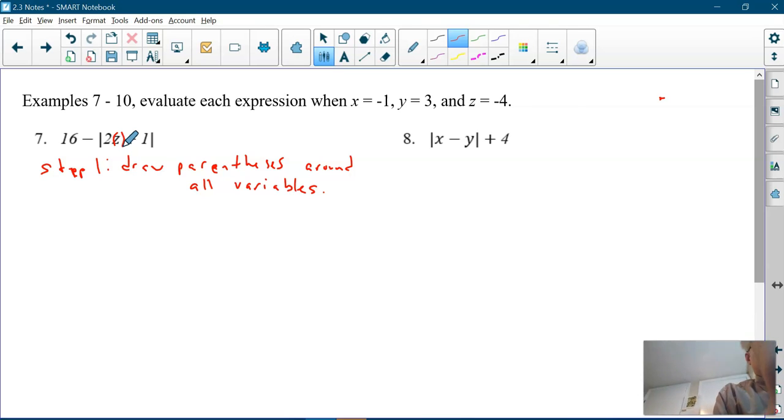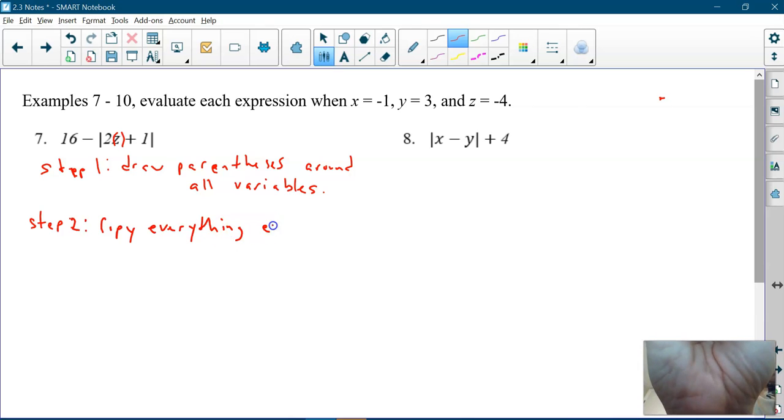So I'm going to draw parentheses around variable z. All right, that's step 1, done. Step 2 is going to be to copy our expression exactly, symbol for symbol, everything except for the variable. We're going to leave it blank where the variable is. So step 2, copy down everything except the variable. If you want to combine steps 2 and 3 together, step 3 is to put the number that's equal to that variable into the parentheses.